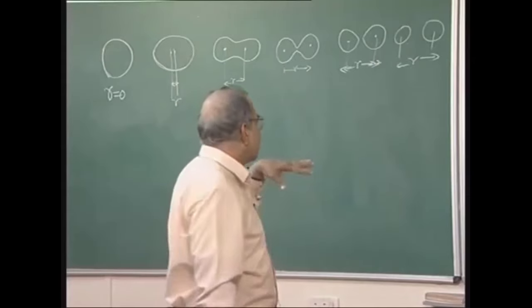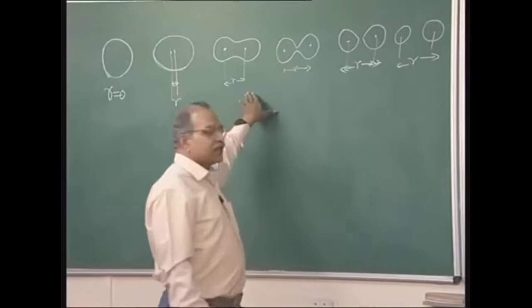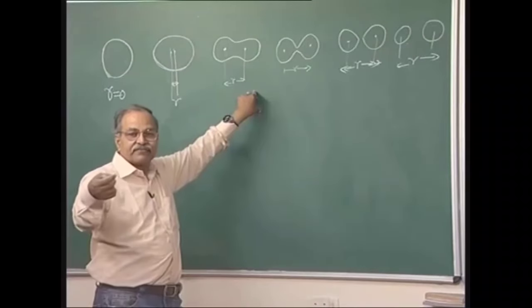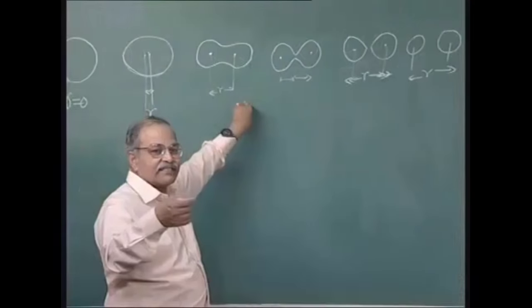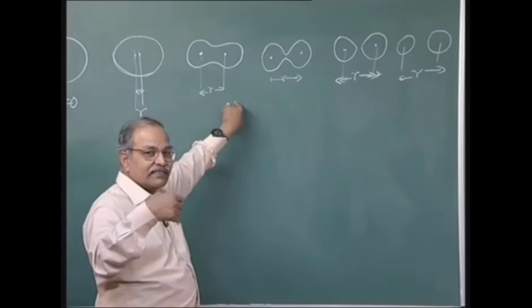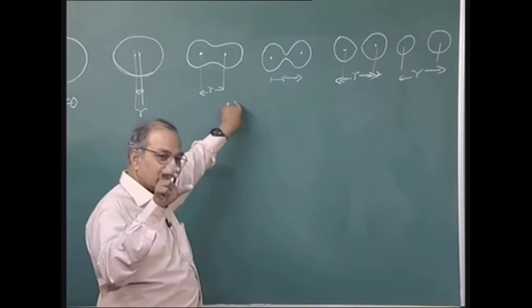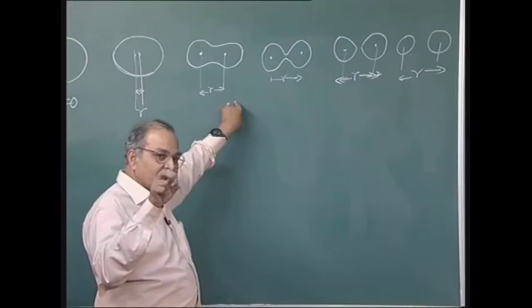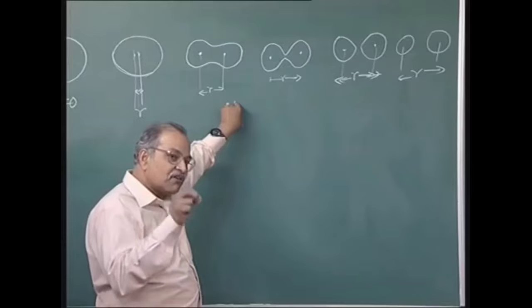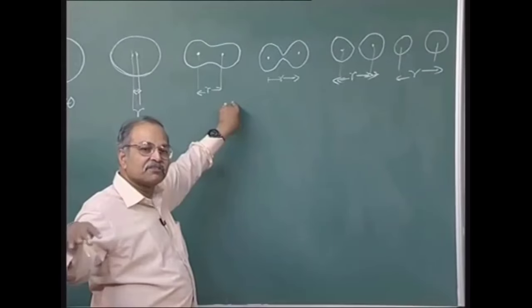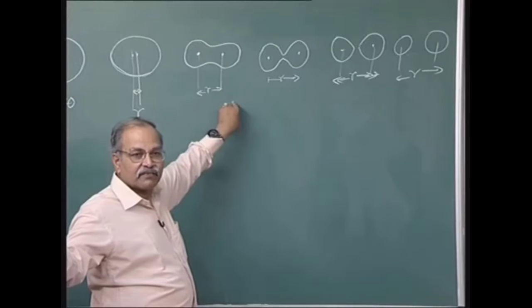Again there is a competition: the surface is increasing and surface energy is increasing, while Coulomb energy is decreasing. When both are taken into account, for different values of capital A, you get different kinds of energy versus r dependence.